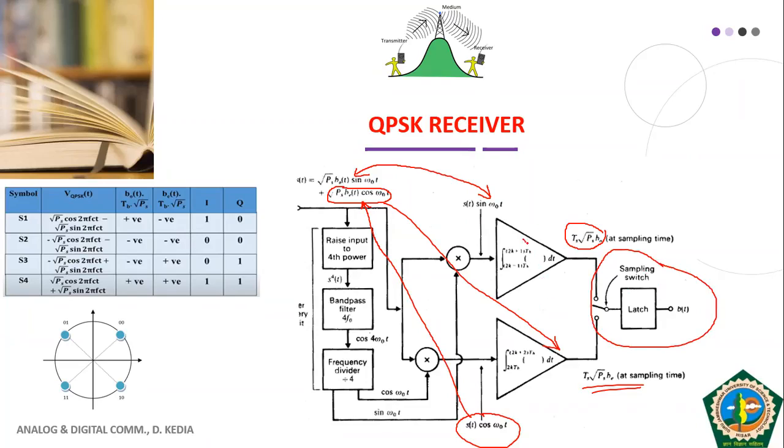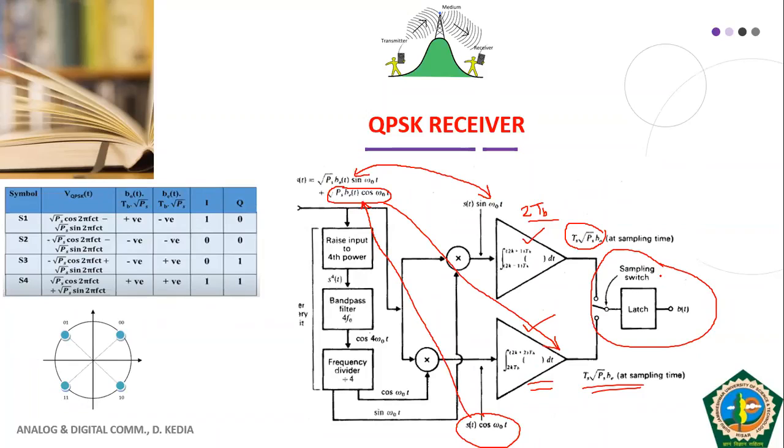So we will be integrating over the corresponding bit period. If you remember, the duration of the clock will be the same as it was on the transmitter side. That duration was twice TB. So we will hold a particular value corresponding to 2 TB in the odd stream and 2 TB in the even stream.